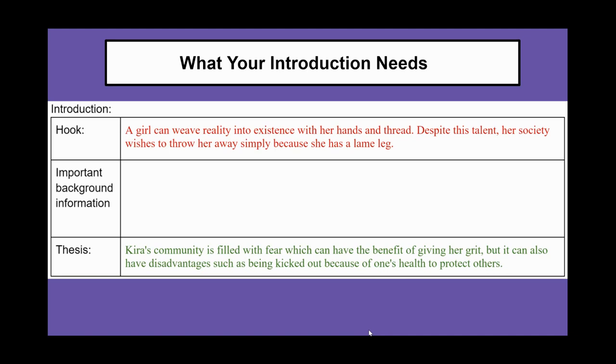Next, we are going to add important background information. This is information that your reader needs to understand about The Giver to understand the pros and cons in your thesis statement.